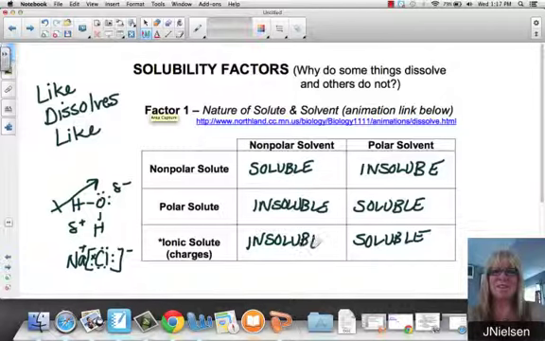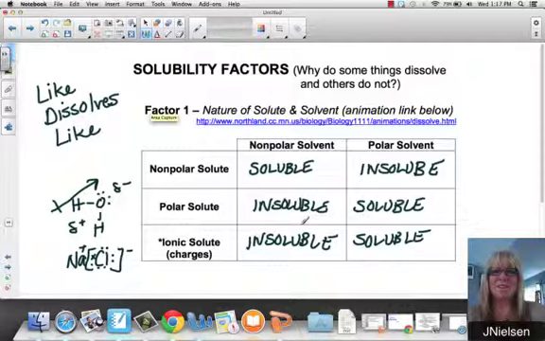So basically, to sum this all up, nonpolar only dissolves nonpolar. End of story. Polar dissolves polar and ionic. So it doesn't matter what they are talking to you about on a Regents exam. If it says naphthalene won't dissolve in water, why?